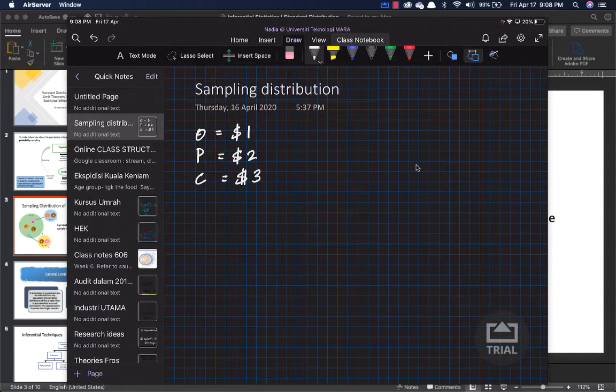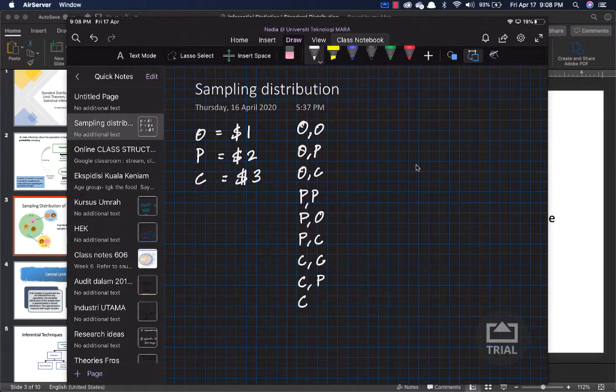The possible samples with replacement are orange and orange, orange and pink, orange and chocolate, then pink and pink, pink and orange, and pink and chocolate. Again, chocolate and chocolate. We also have chocolate and pink and chocolate and orange. As you can see, there are 9 different samples there.